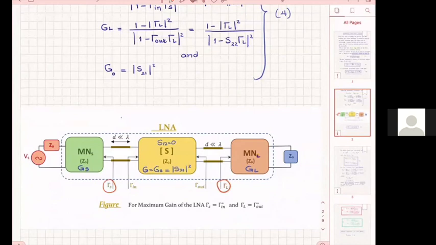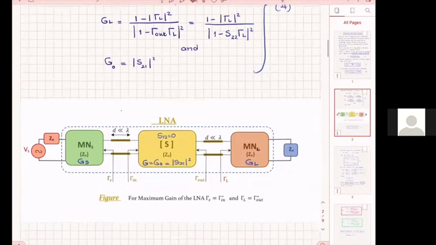I guess I have a question. Yes. So if you're trying to design for maximum gain, kind of like we said on the homework, would you choose RS is equal to the conjugate of RN, and same thing for the output impedance network?